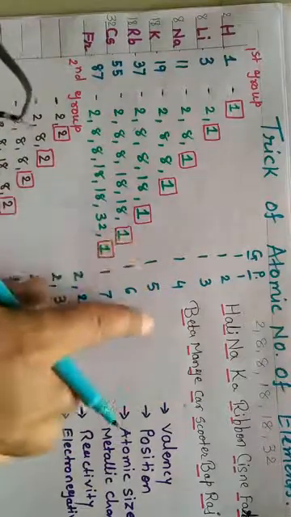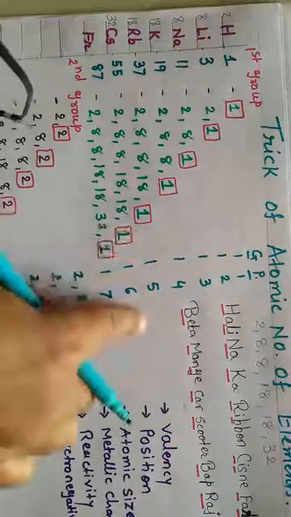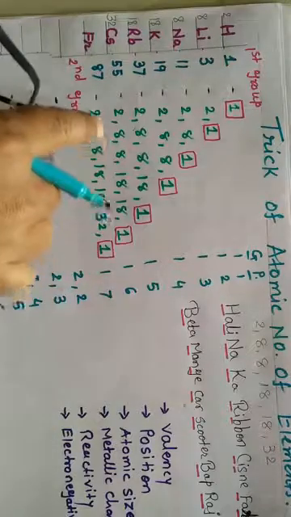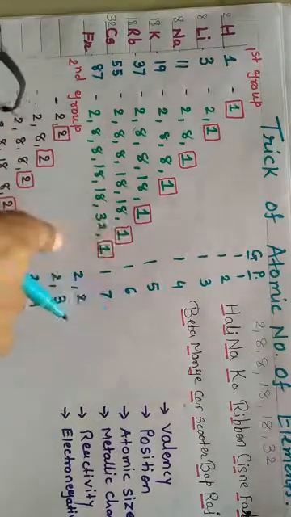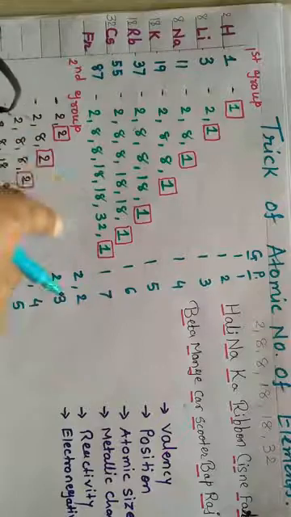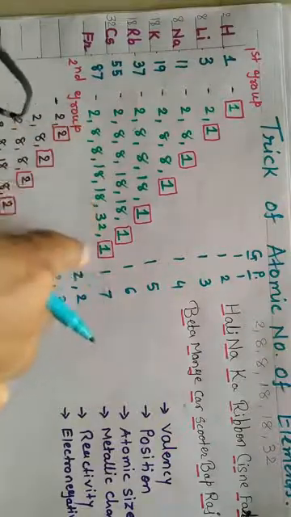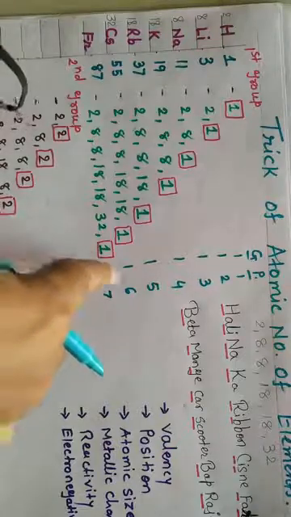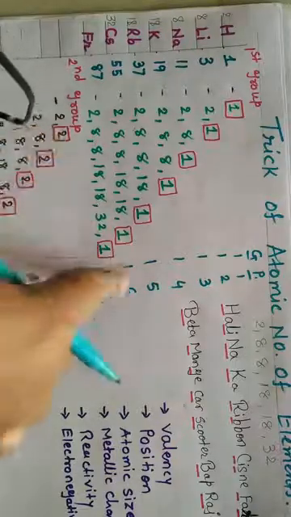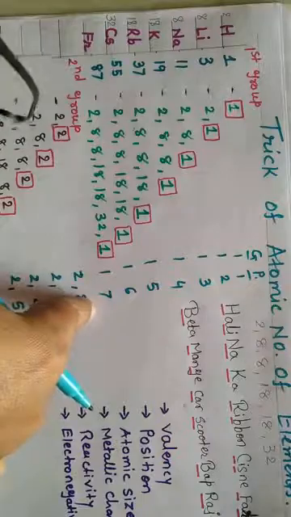So first group, 5th period. And in the first column, the 6th element will be cesium because it has 6 orbits. And finally, francium has 1, 2, 3, 4, 5, 6 and 7 orbits. So the position of francium is first group, 7th period.